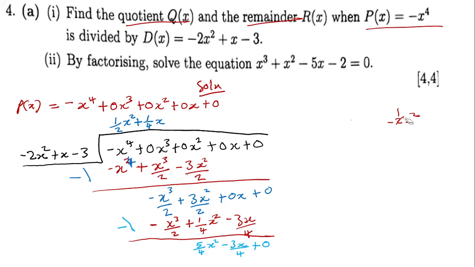You're going to say negative 2x squared into 5 over 4x squared. So you have 5 over 4x squared divided by negative 2x squared.